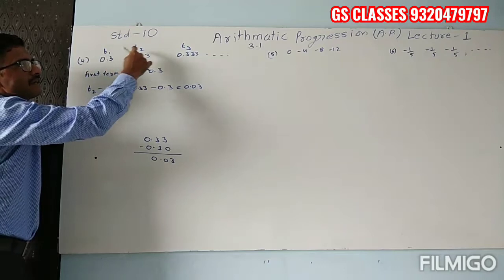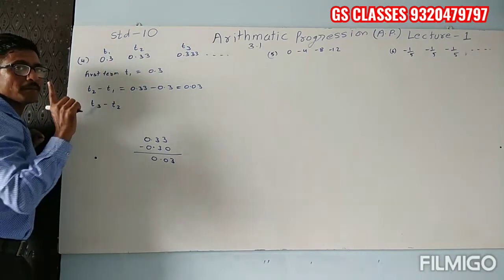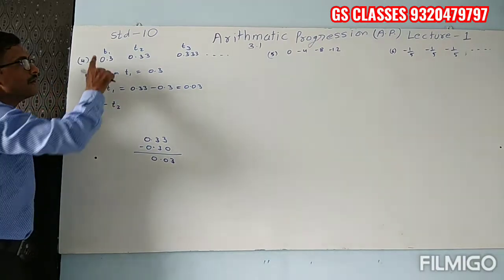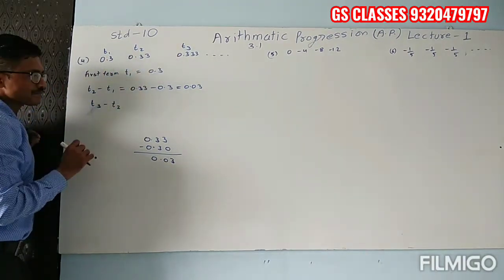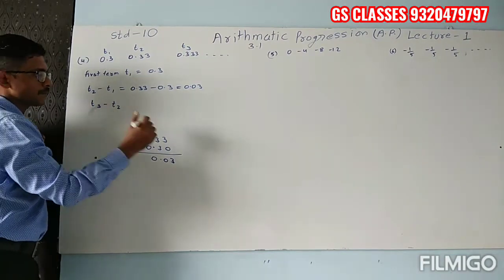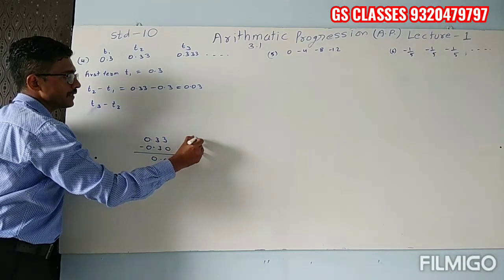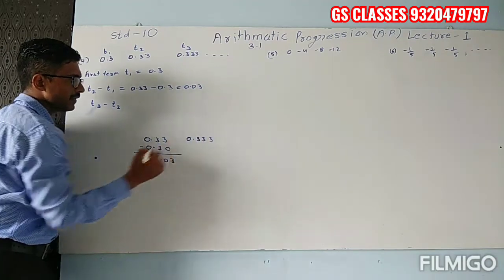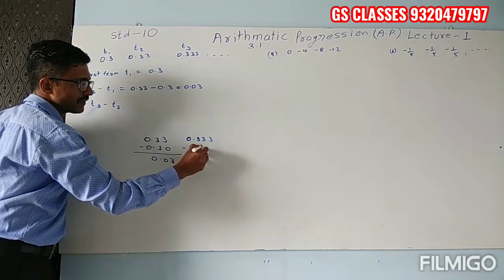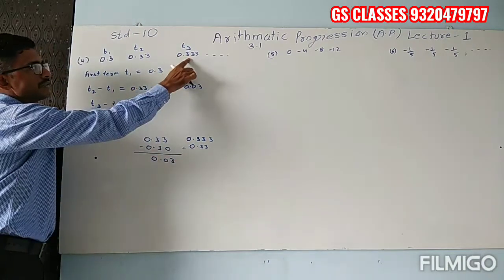Writing T1, T2, T3 is not important and not compulsory, but for your reference you can write it here. T3 minus T2 is going to be 0.333 minus 0.33.